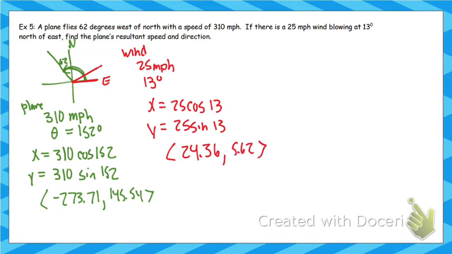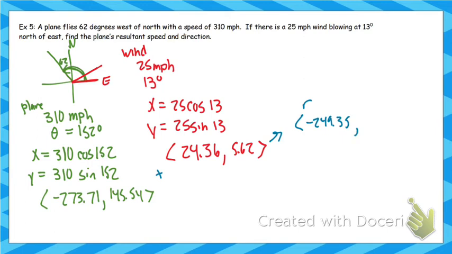Now that I know my two components, let's add them together to get our resultant. So where this plane is actually, what the distance it's traveling at the angle it's traveling based off that wind. So what we have is 24.36 plus negative 273.71 is going to be a negative 249.35.